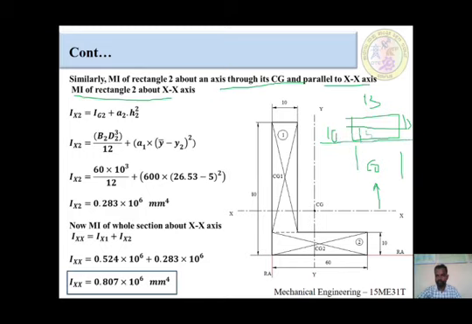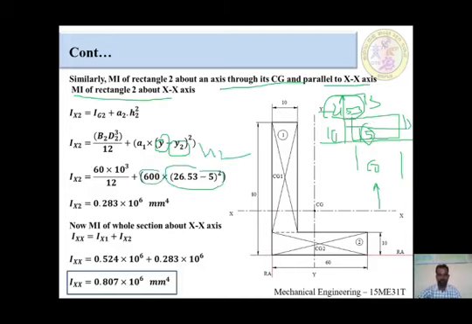From here to here, it is having 5, and y bar is equal to from here to here is equal to 26.53. This is bigger value, this is smaller value. This is y2 minus y bar. This is y bar minus y2. Y bar is 26.53 minus 5 is equal to, this is the H2 value.